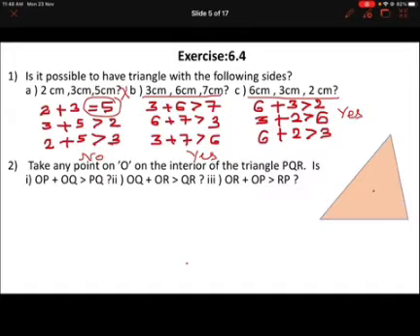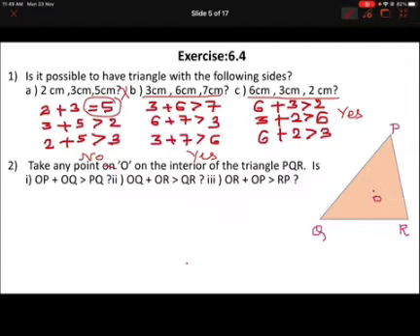Okay. Now, take any point O on the interior of the triangle. Okay, take any point O on the interior of the triangle, and name the triangle as P, Q and R, and interior point is O. Now, is OP plus OQ greater than PQ?